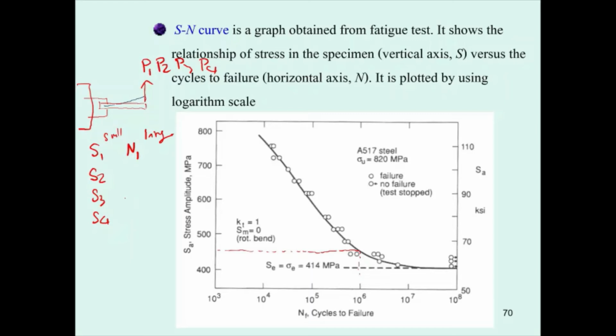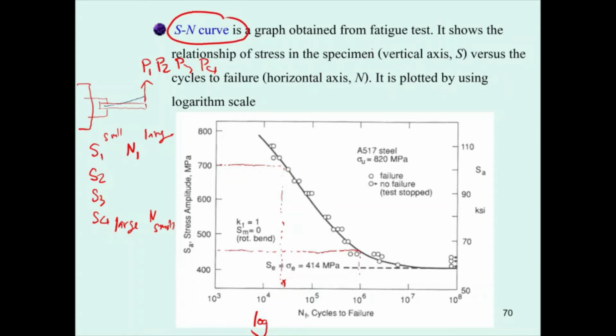And if your stress is large, N is going to be small. That means if your stress is 700, your N is going to be, this is log scale, something like 300,000. Okay, and that is going to be the graph we call the SN curve.